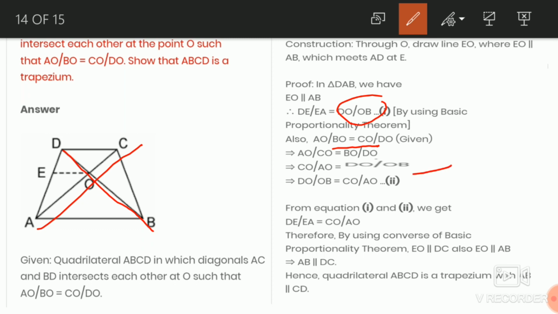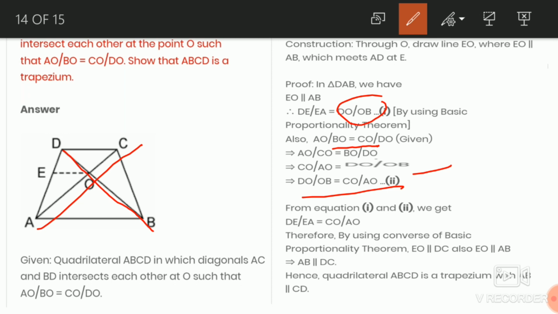Next, here we will simply invert the situation. CO by AO is equal to DO by OB. So, here we have again rewritten it properly and marked it as equation 2. The entire purpose of this is to match with equation 1.